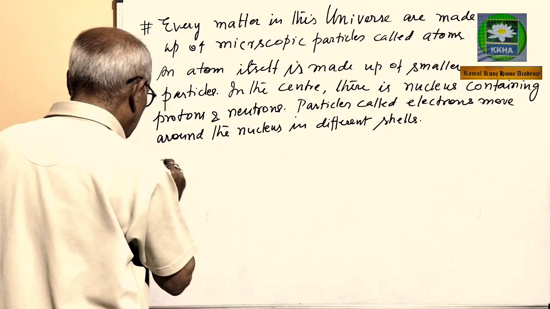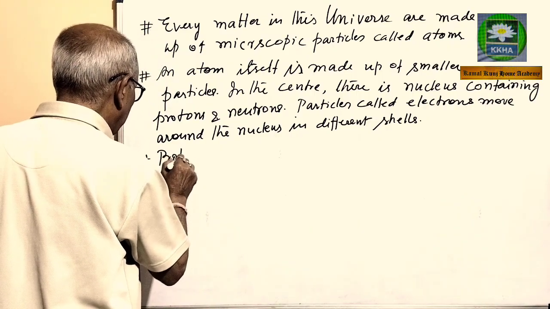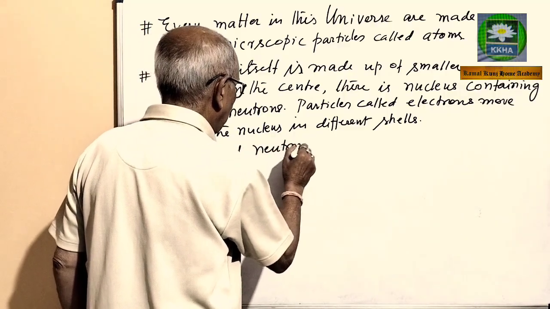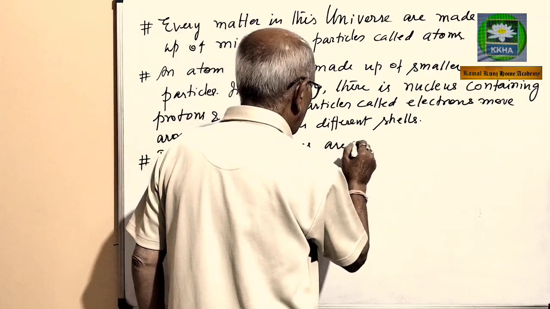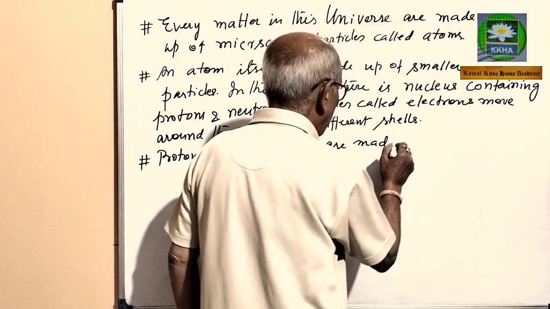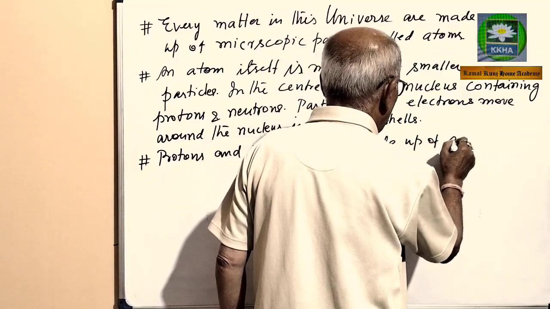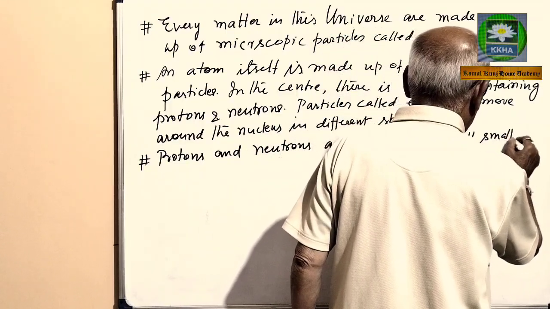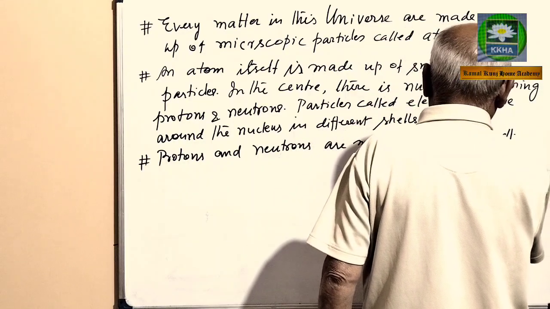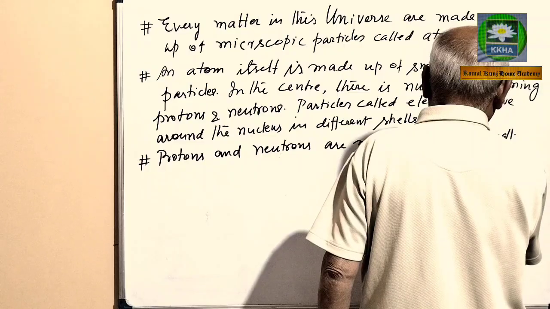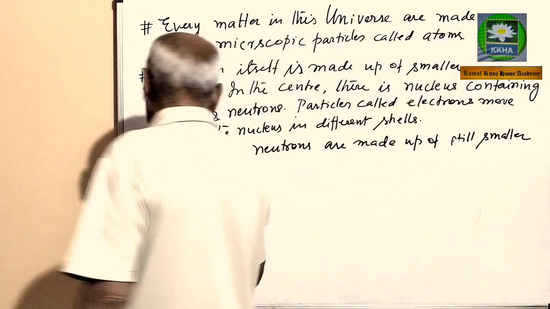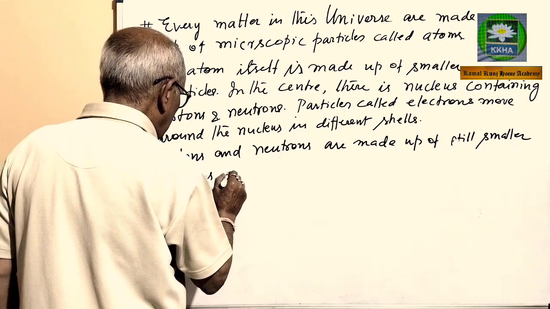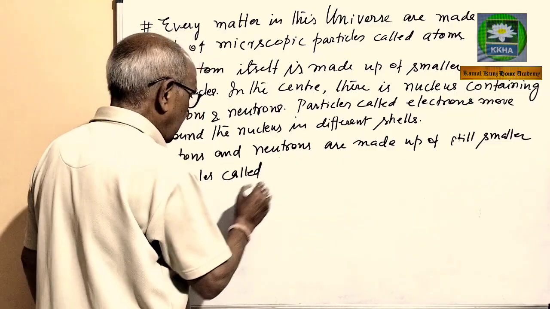Protons and neutrons are made up of still smaller particles called quarks.